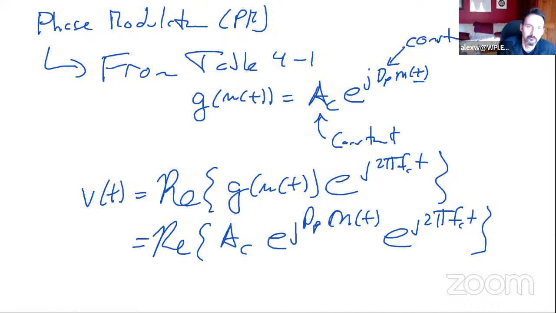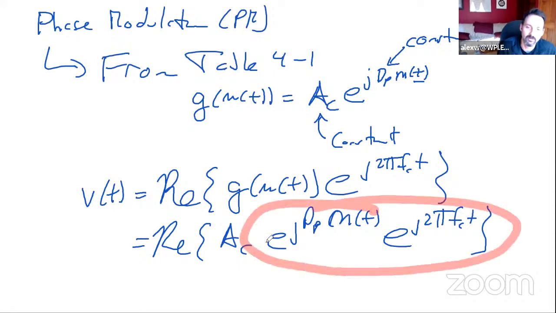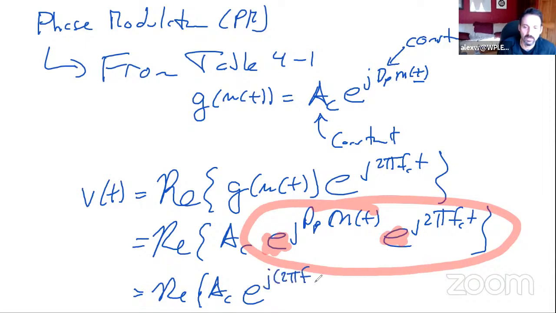What do I do? I combine these two exponentials together because they have a common base. So the exponents are going to add, and the base is going to be e. That's awesome. So what we end up getting is A_C e to the j brackets 2 pi f_c t plus d_p m of t.